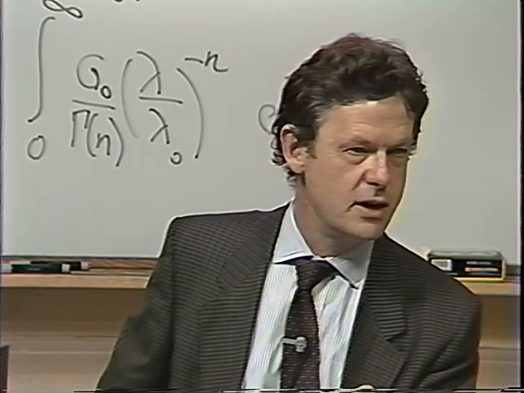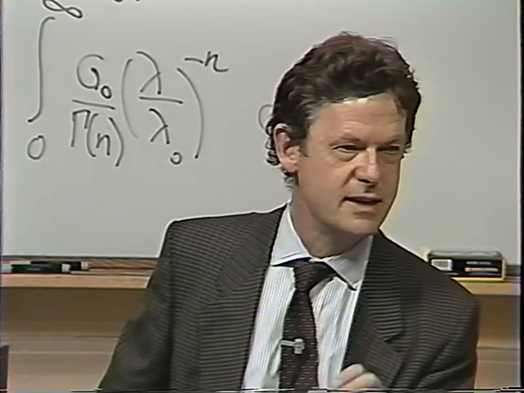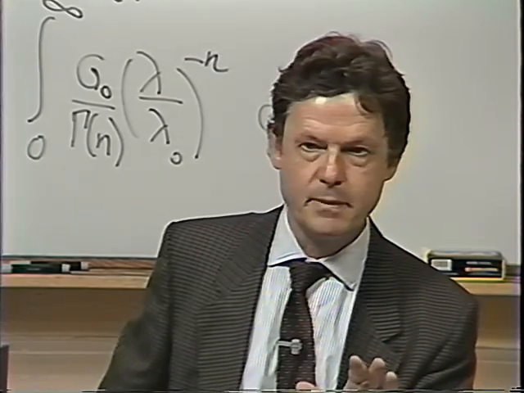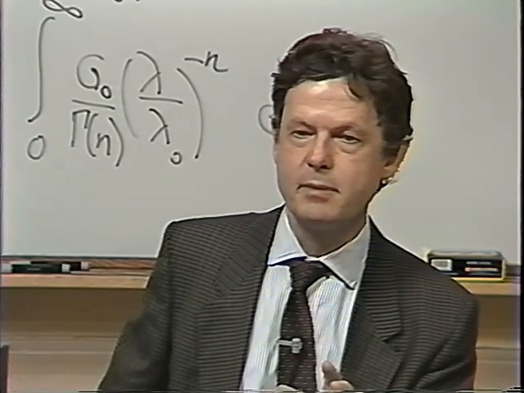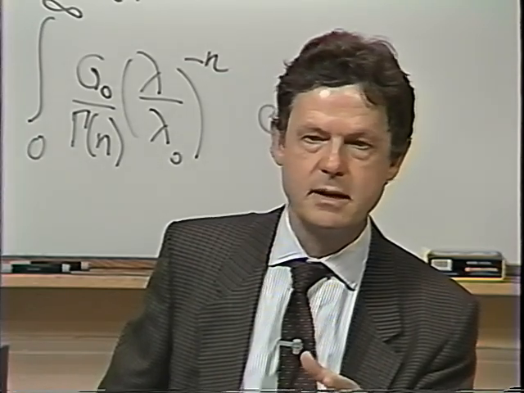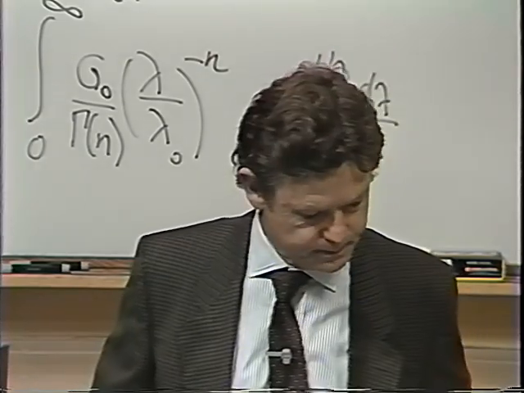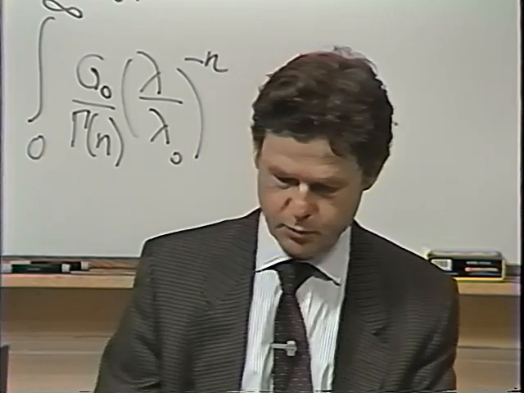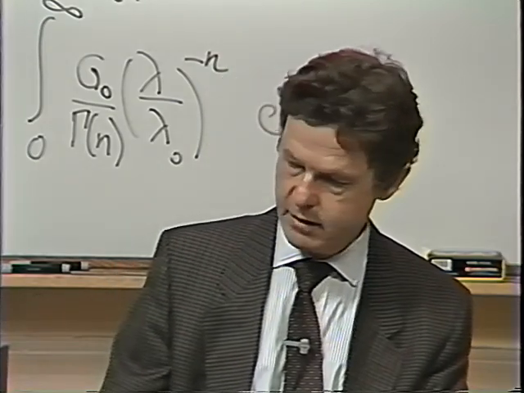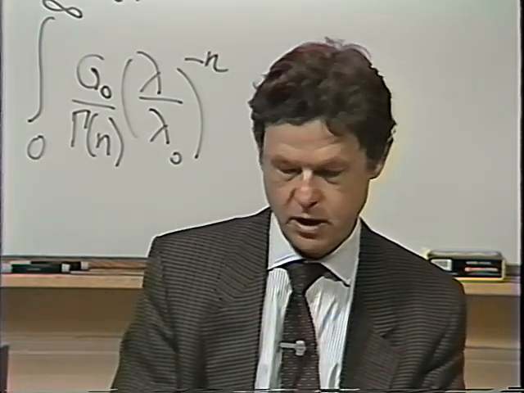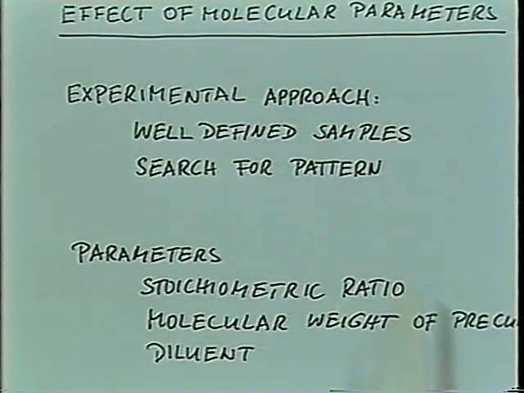We continue looking at materials by just taking a well-defined sample and studying that sample in some experiments and then analyzing the results and seeing whether everything is self-consistent. So that's the approach we will be taking, and we will look at phenomena of stoichiometry, changing the stoichiometric ratio.